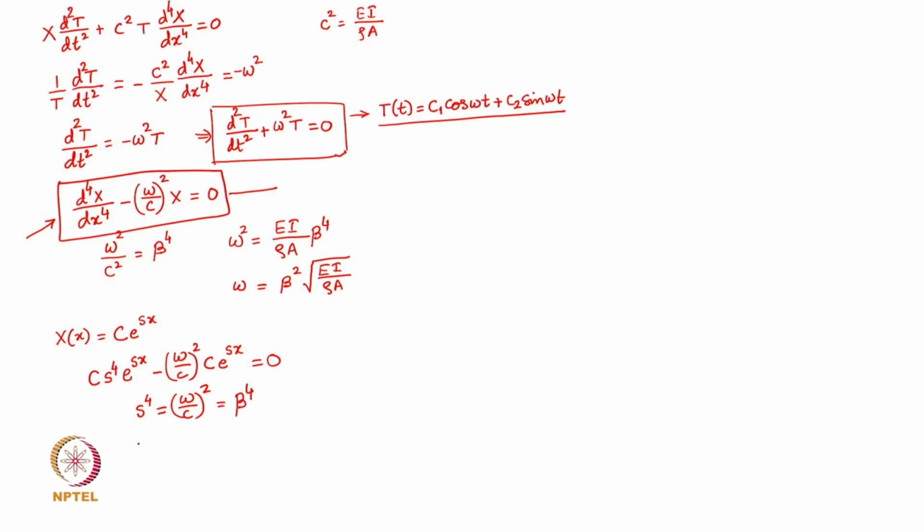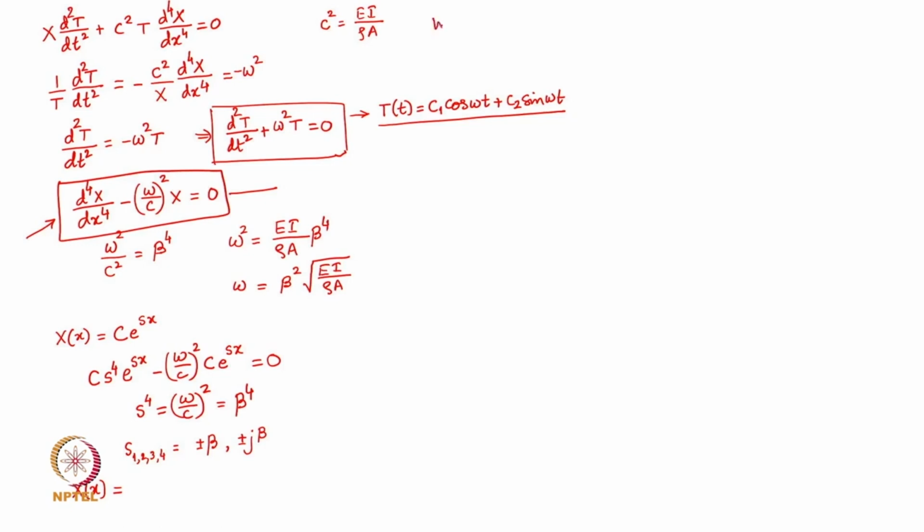And if I now want to know what are the four possible roots, s1, s2, s3, s4, this is going to be plus minus beta and plus minus j beta. You can see that all the four roots are basically going to satisfy this condition, and then the capital X function, or the x dependent part of the total solution.